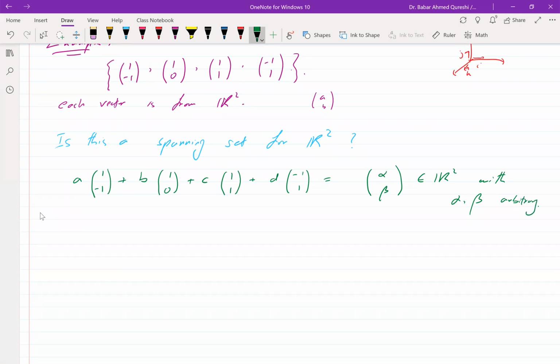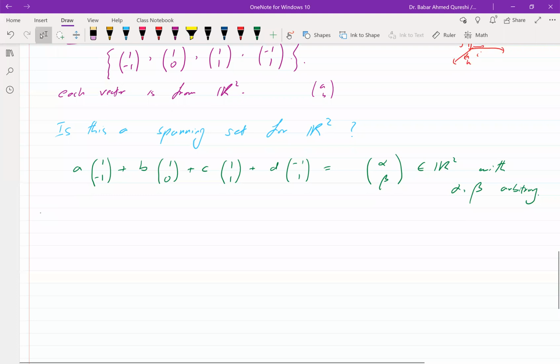So you pick alpha and beta of your choice, two numbers of your choice. Since you are keeping them completely arbitrary, you're considering all vectors in R2, and you are trying to see if I can choose A, B, C, and D, because any value of A, B, C, and D will be in the span. That's the definition of span. Can you do it?